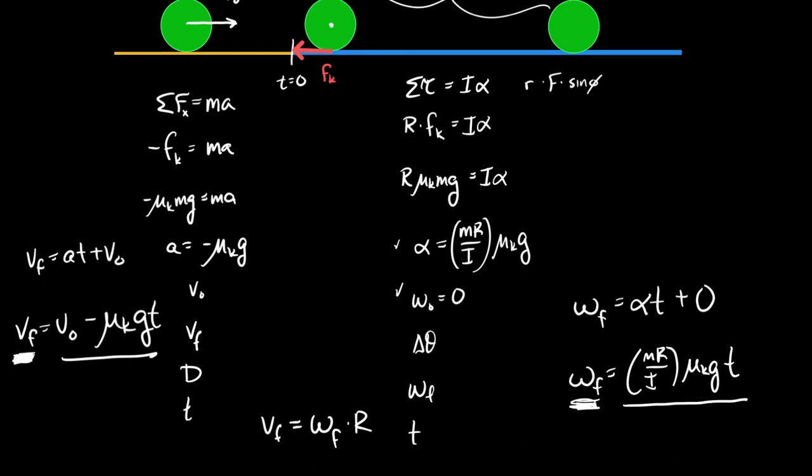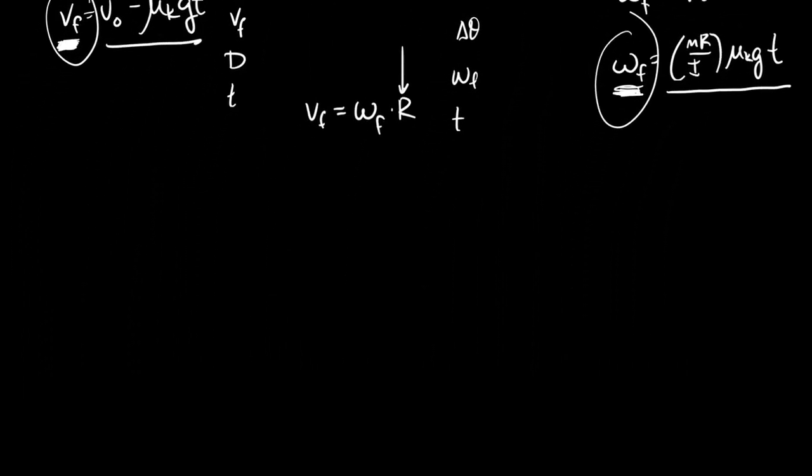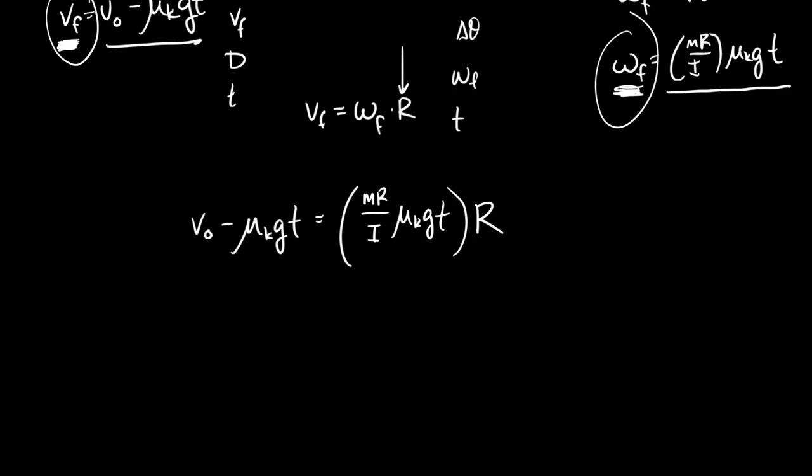Everybody follow along? Because this, again, is getting smaller, this is getting bigger, this is a constant. So I'm going to put those 2 things together. I'm going to say V naught minus mu k g t equals mr over I mu k g t times r.